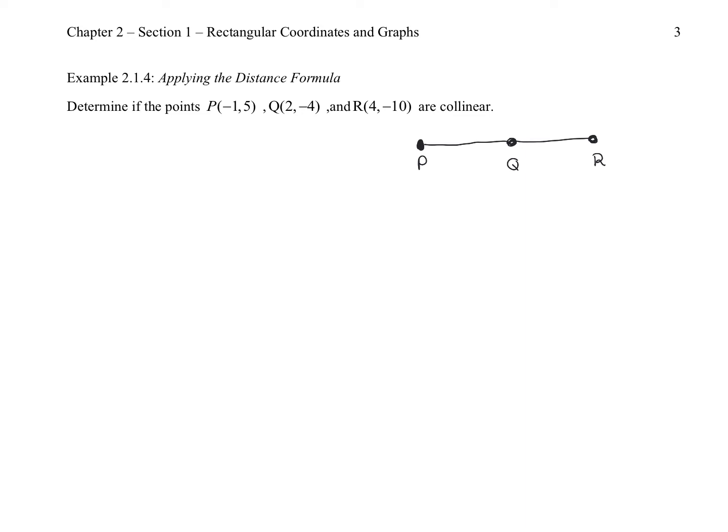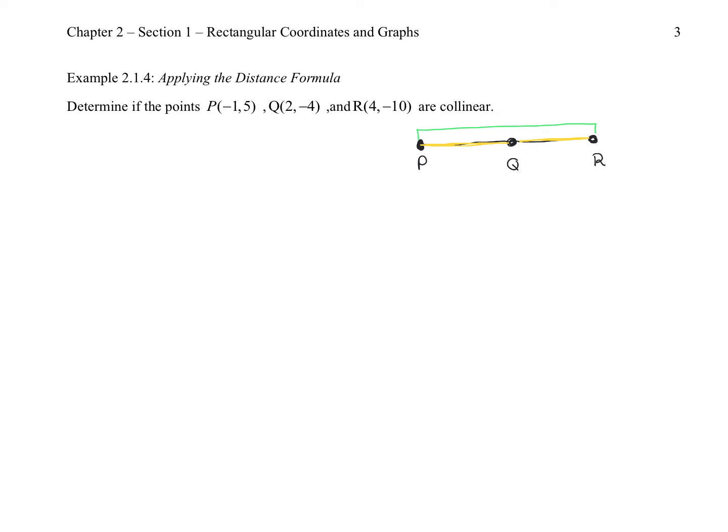So if these things are collinear, then this distance right here, PQ plus QR, should equal the length from P to R. So let's find out.